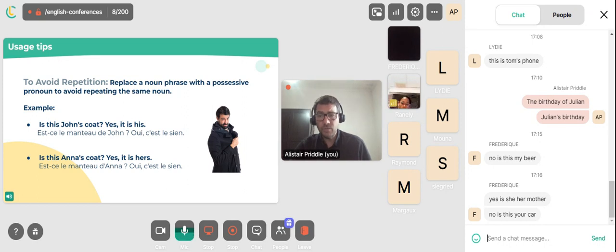Is this John's coat? Yes, it is his. Is this Anna's coat? Yes, it is hers.